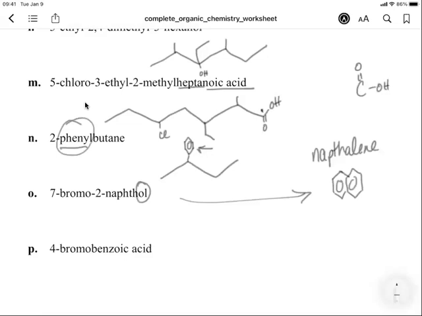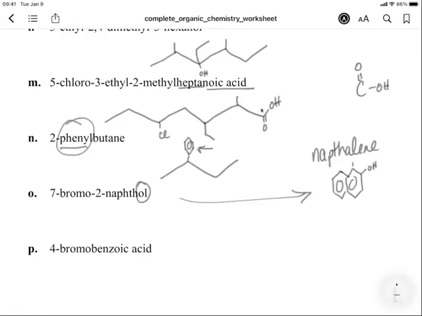Naphthol. Wait a minute. What would you count as number 1 then? 2-naphthol. What does that look like? Oh, okay. So according to Google, 2-naphthol is this.